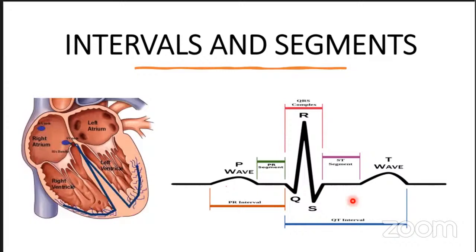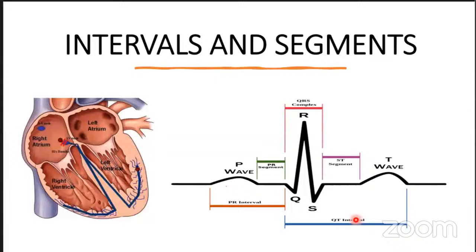And number 3, if the ST segment is depressed, we are suspecting hypokalemia in our patient. Okay, so after all of this depolarization, the ventricles begin to repolarize, and that's what gives us our T wave. So your T wave represents ventricular repolarization.